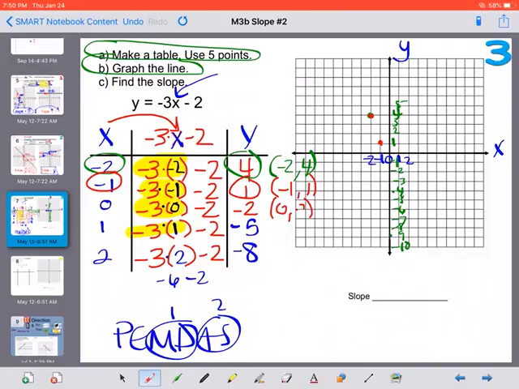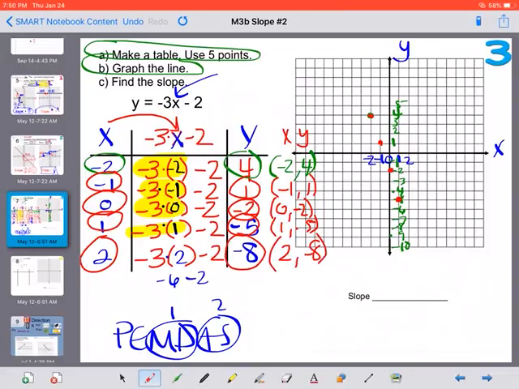Then we have (0, -2), x and then y, remember. X is 0, so we didn't go left or right, but then we went down 2. Then (1, -5), 1 to the right, and down 5, kind of right on top of my number there. And then (2, -8), 2 to the right, and down 8.